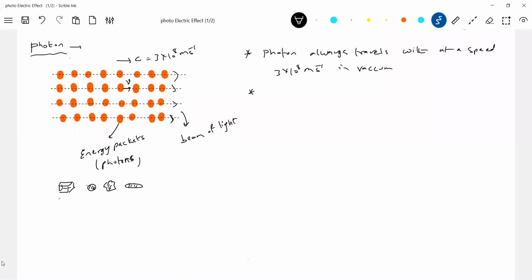So this is the first idea of the photon. And what is a photon? A photon is an energy packet.